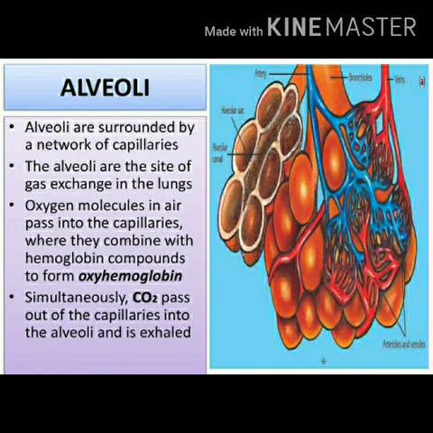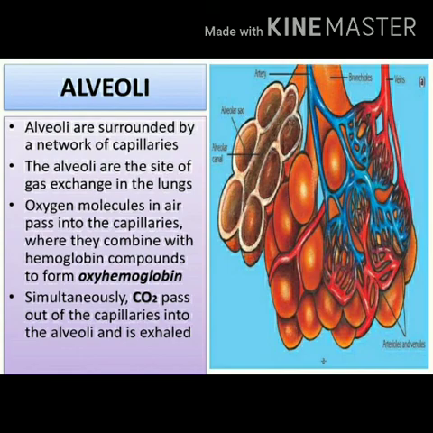So next is the alveoli. Alveoli are small balloon-like structures present in the lungs in groups. The main function of alveoli is that they present a large surface area for exchange of gases, and the surface of the alveoli is covered with a fine network of blood capillaries.